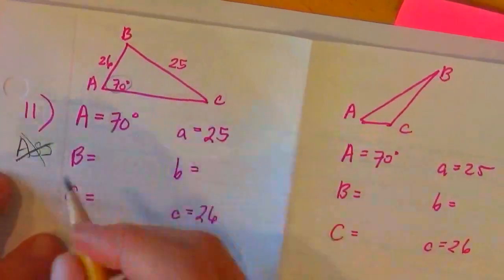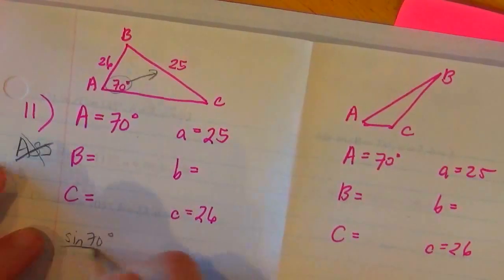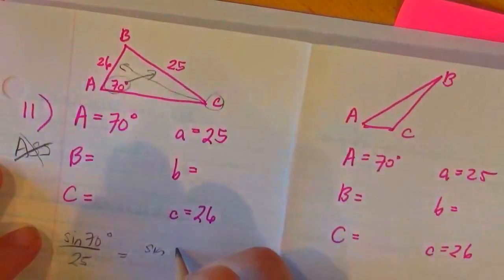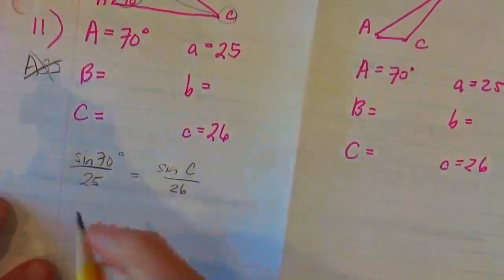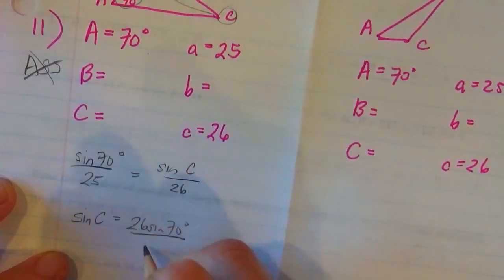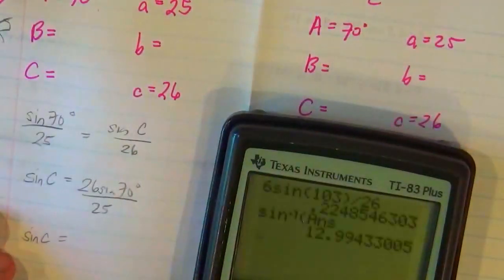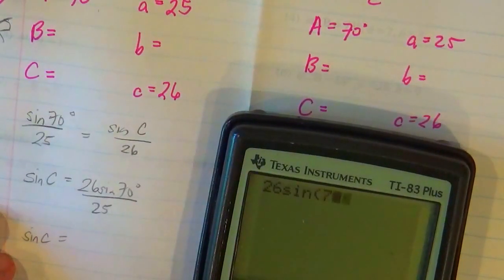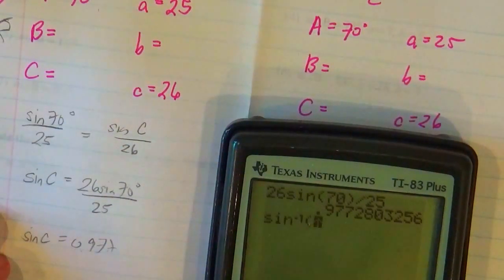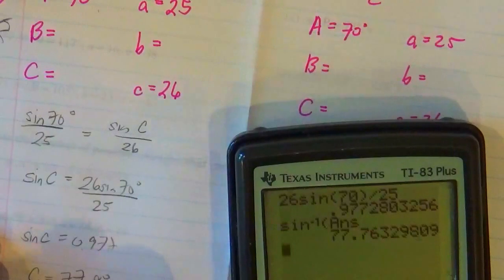But I just go about my normal law of sines. I'm going to do the sine of 70 degrees over 25 equals the sine of C, I'll look for C first because I have its opposite side, 26. So the sine of C will be 26 sine 70 over 25, which will be 0.977, and then I'll take the inverse sine of that and I'll get 77.8 degrees roughly.